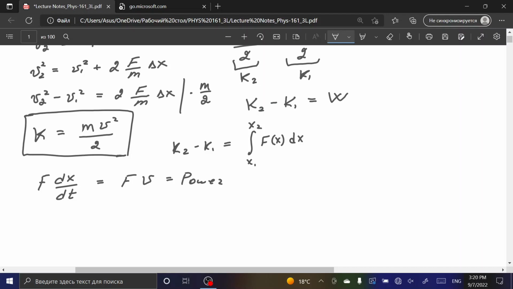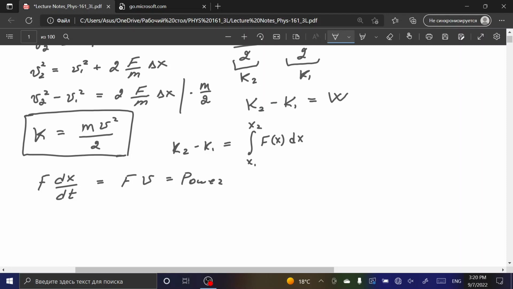So what is velocity? It's distance traveled per unit time. So if we have f times distance traveled, like displacement per unit time, it means the work which is done by this force per unit time, usually per second.